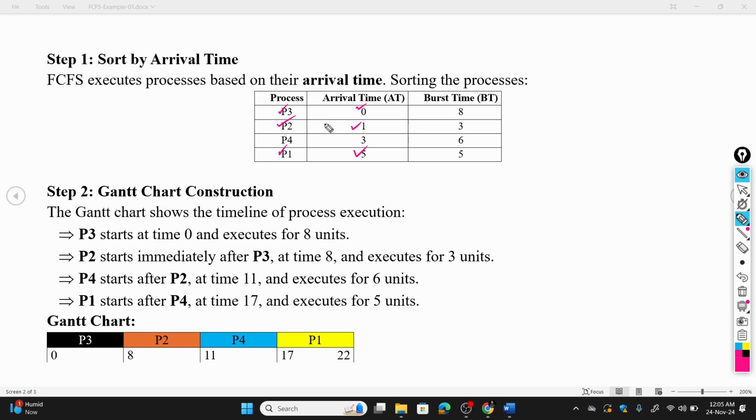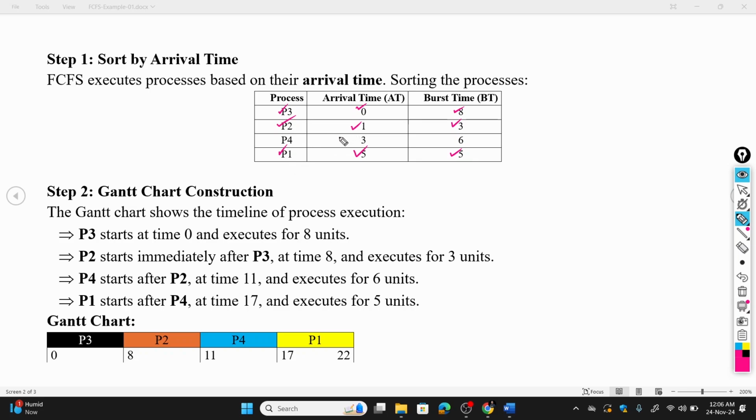The corresponding burst times are also given: 8 is the burst time of P3, 3 is the burst time of P2, and up to 5 is the burst time of P1.